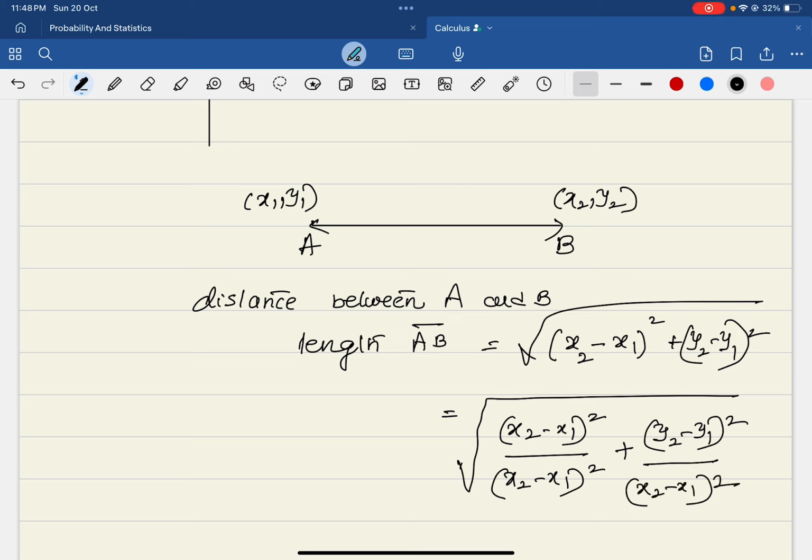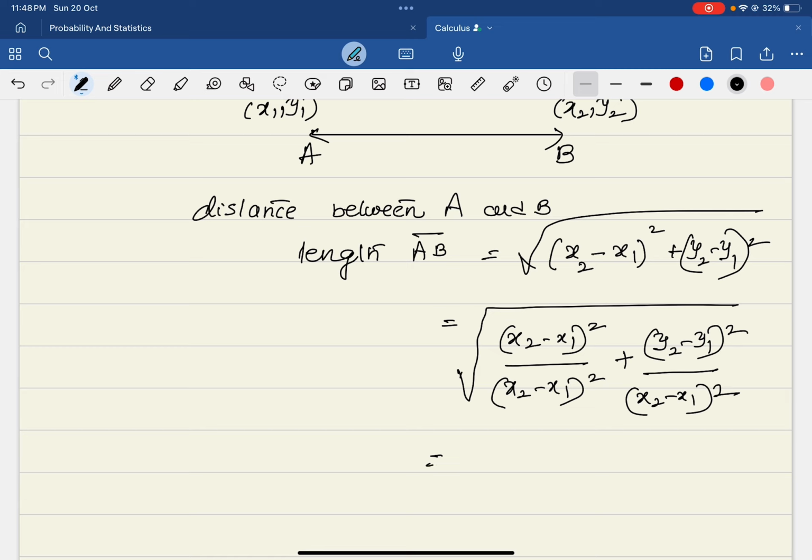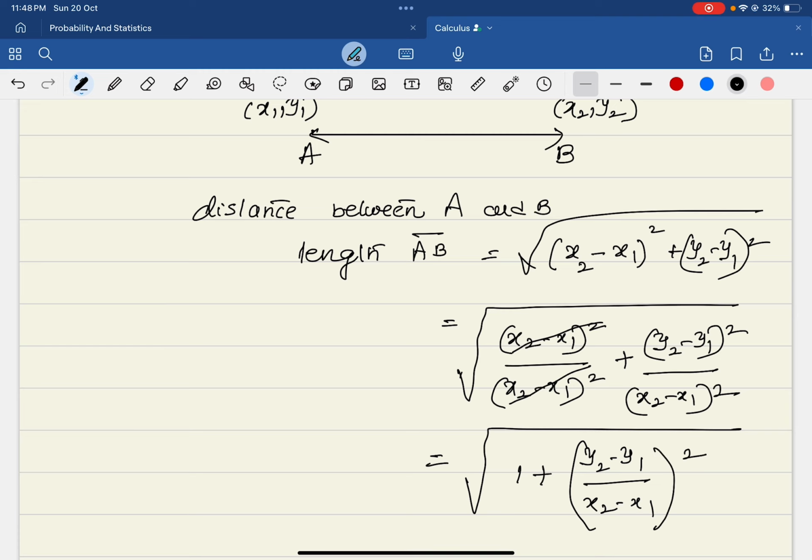Understood? Both of the first terms are the same, so it gives you the square root of 1 plus ((y2 minus y1) by (x2 minus x1)) the whole square, correct?